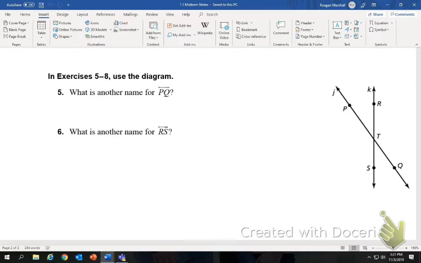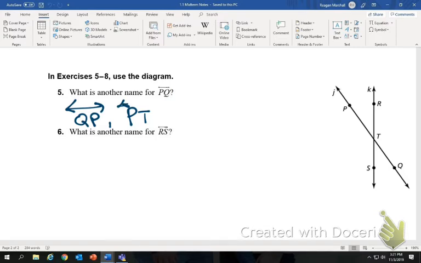Number 5, what's another name for PQ? Again, there are a couple of options. The easiest one would be turning it around and saying QP. You could also say QT, because remember those arrows mean they go infinitely in both directions, past the letters P and T. There's no dot at T, but it's because 2 lines are crossing, and they're not going to put a dot there because it's a little chaotic.